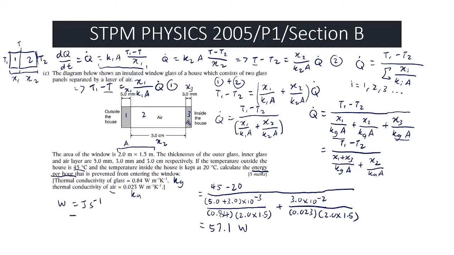So we have to convert this unit into joule per hour, which can be done by multiplying with 3600. If we do this, I get 2.056 times 10 to the power of 5 joule per hour.